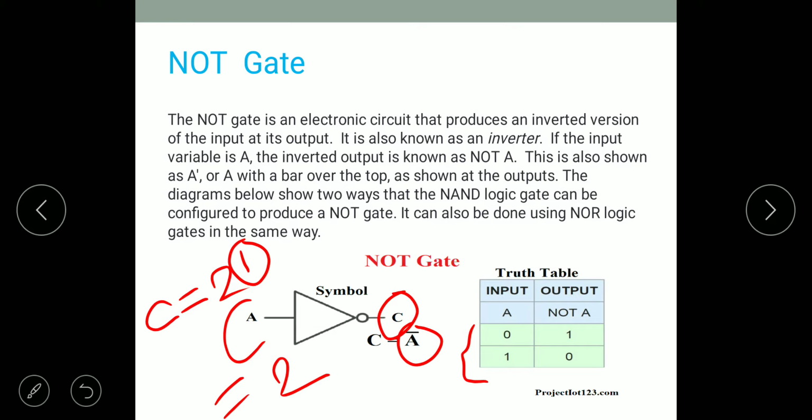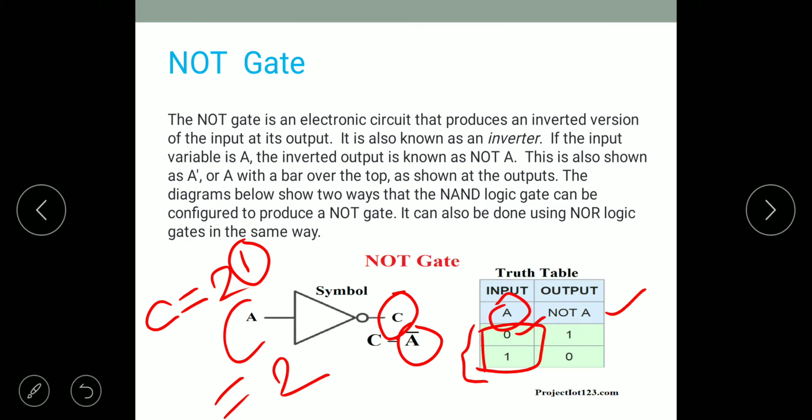And always we start the input table from 0, not with 1. 0 is the first combination. Then the output is, if the input is A, then the output is not A.